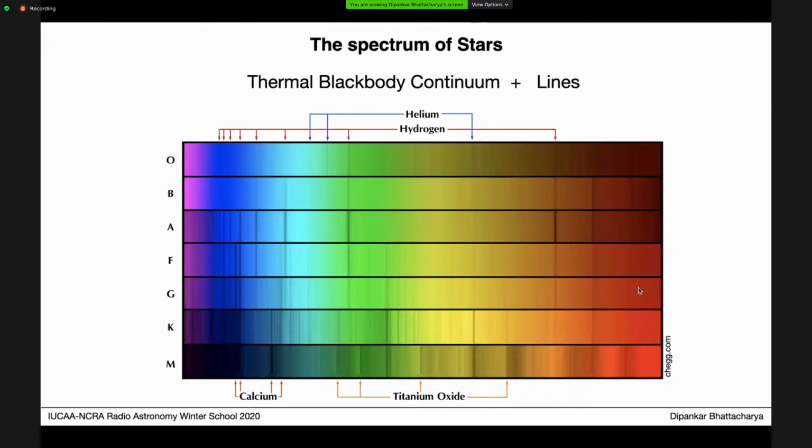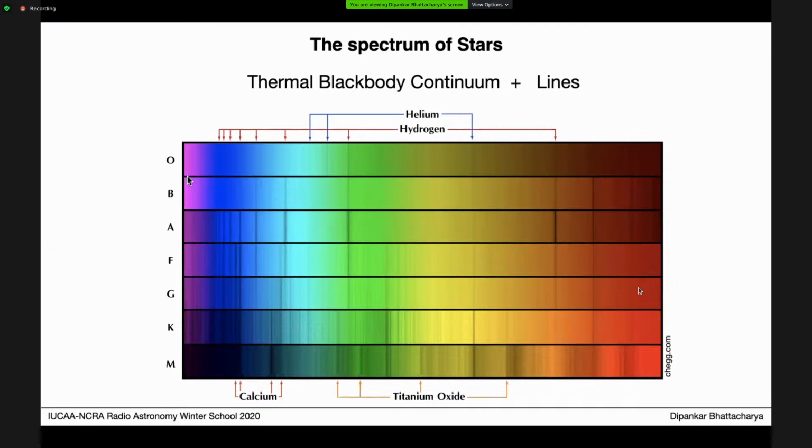So we said that when you look at the sky with the naked eye, mostly what you see are stars. And the stars have a very characteristic spectrum. They peak somewhere in the visible band. Depending on the mass of the star and the brightness, the peak of the emission could be at different wavelengths within the visible band, more or less.